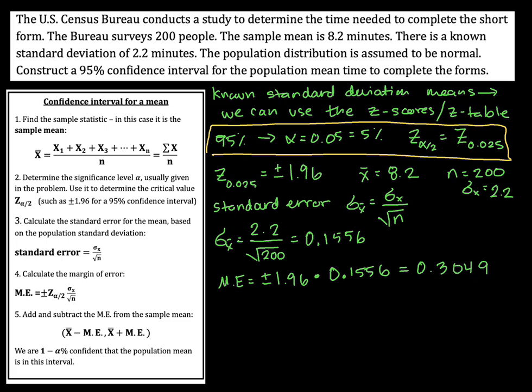0.3049. And so finally, all I need to do is take the mean and subtract the margin of error. The mean was 8.2 minus 0.3049.